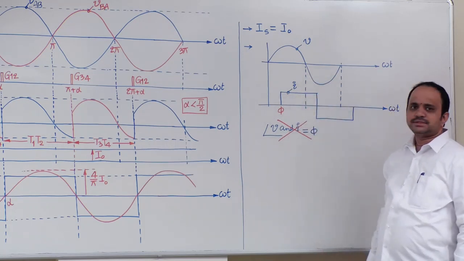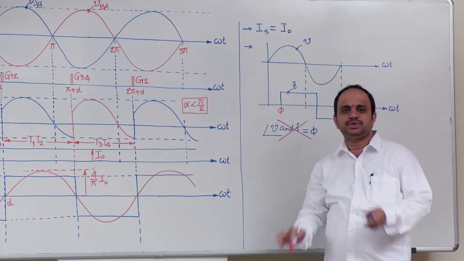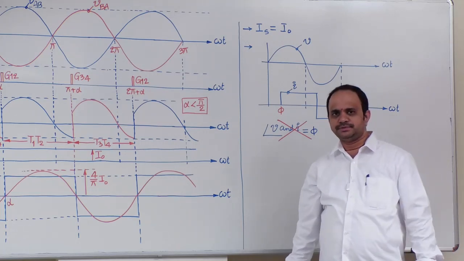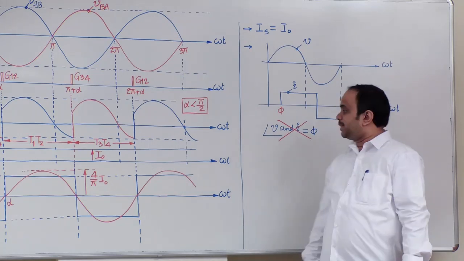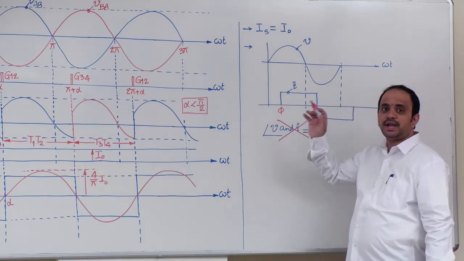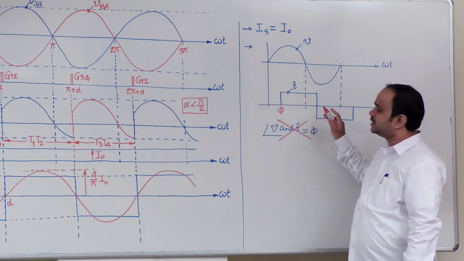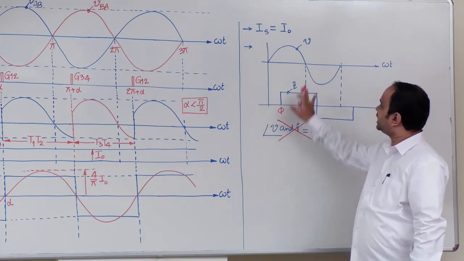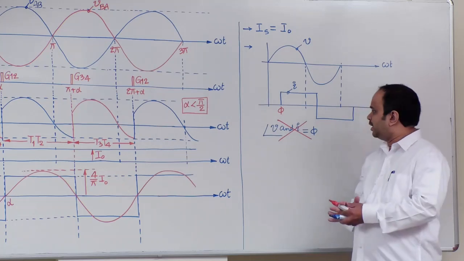The current waveform is non-sinusoidal. Whenever you are defining a phase angle between two waveforms, both should be of sinusoidal nature. Or one is a sine, other is a cosine is also fine. But both should be sinusoidal and having the same frequency. Here, the current waveform is non-sinusoidal. Therefore, you should not define a phase angle between one sinusoidal and one non-sinusoidal.